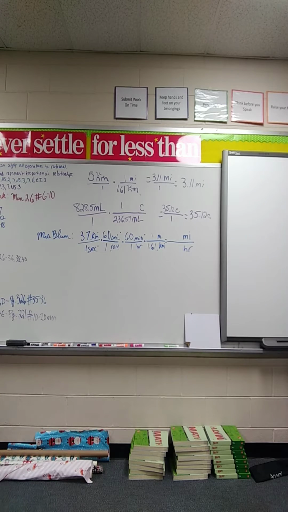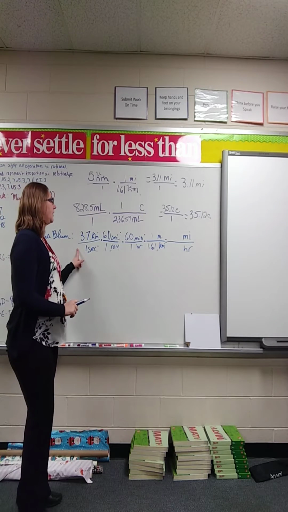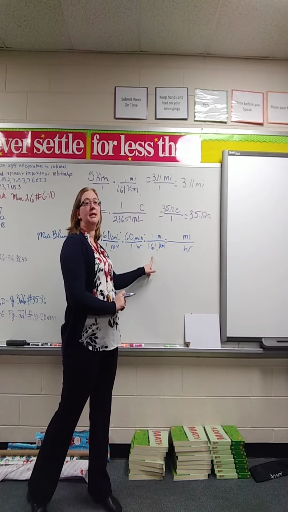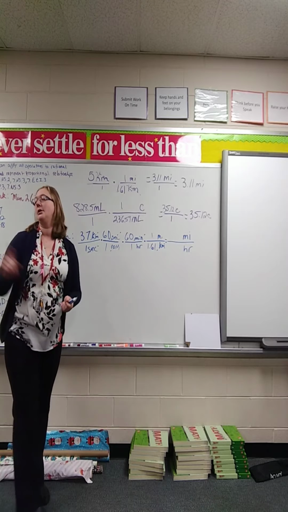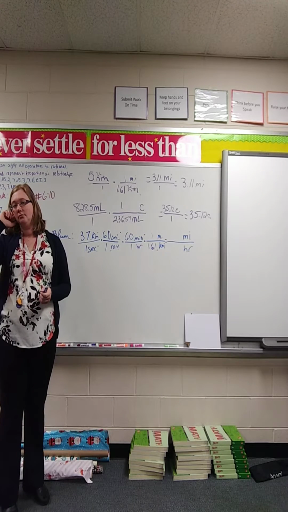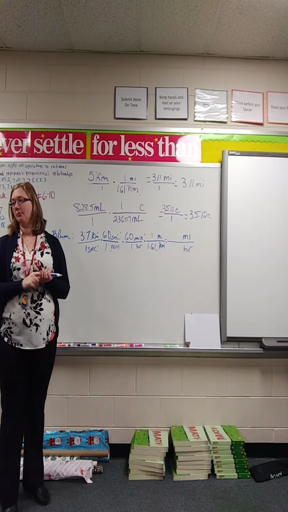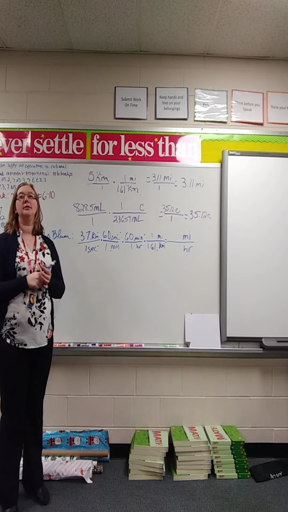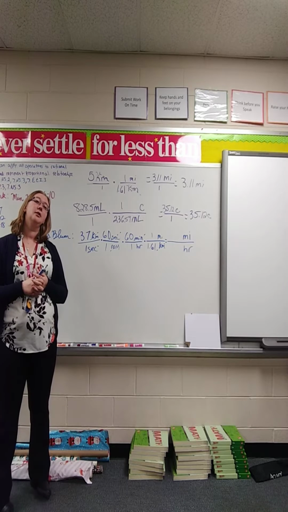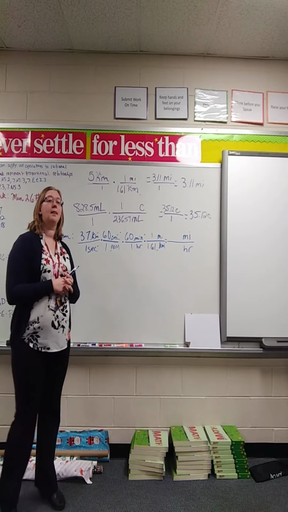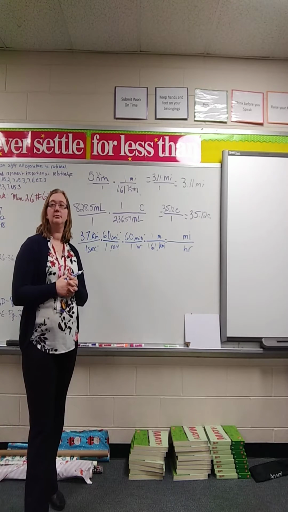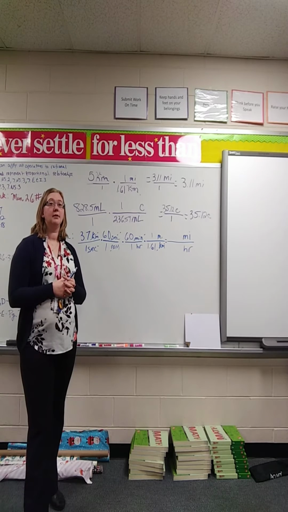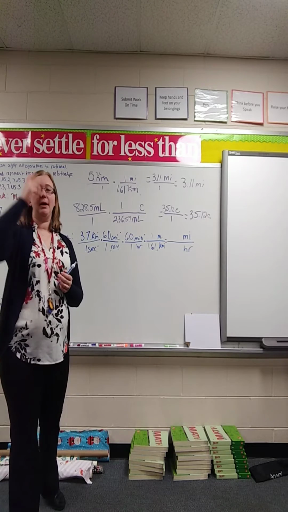37 times 60 times 60 divided by 1.61. What did you get? What did you get? I need 2 decimal places if we have a decimal.